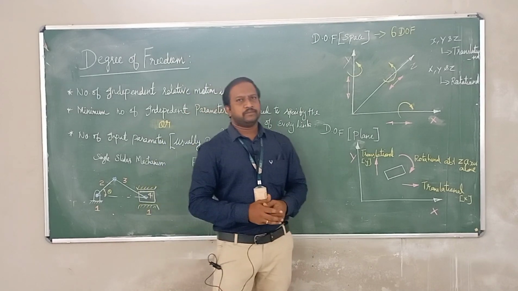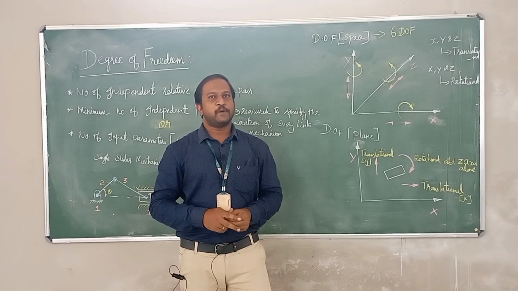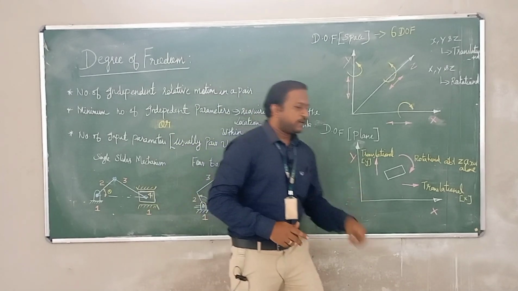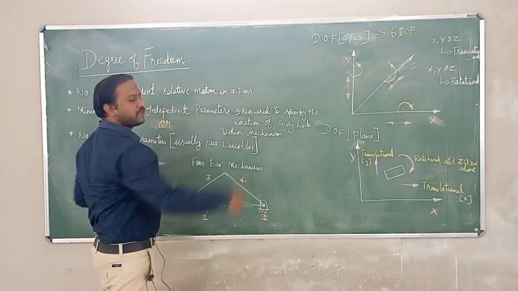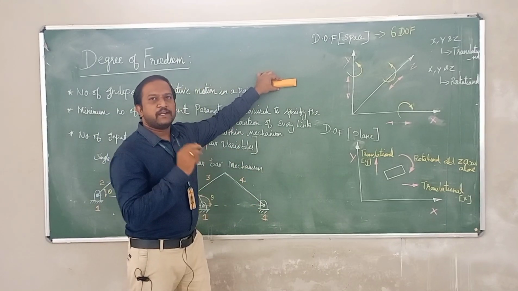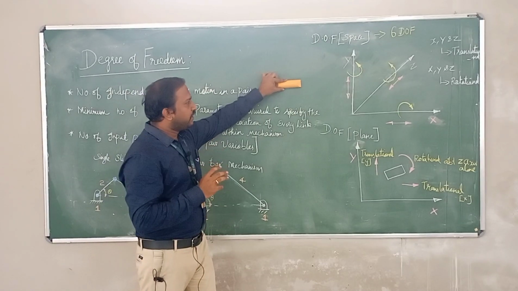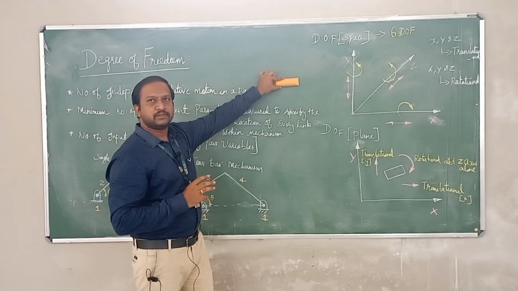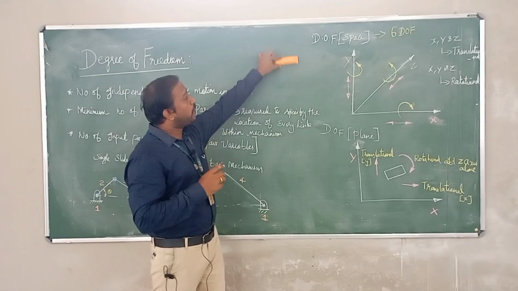If you look at a plane, suppose I am going to construct a mechanism in a plane, how much degree of freedom does it possess? Just as an example, I can take this duster to make it clear. Let's take this board as a plane, and I have the object in this plane. How many degrees of freedom does this object possess? It can move in the x direction, and it can also move in the y direction.